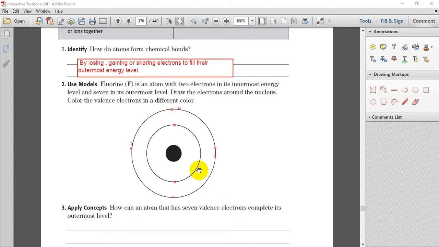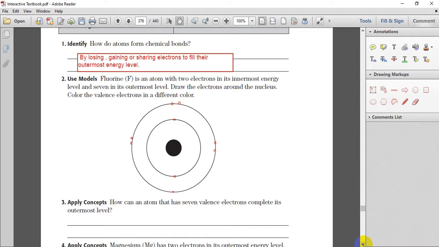So when we distribute the electrons, the first energy level will have 2, drawn on different sides, and then we draw the 7 electrons in the outer shell, pair by pair, and here we will have a single one. And usually the fluorine atom gains 1 electron to complete the outer energy level.